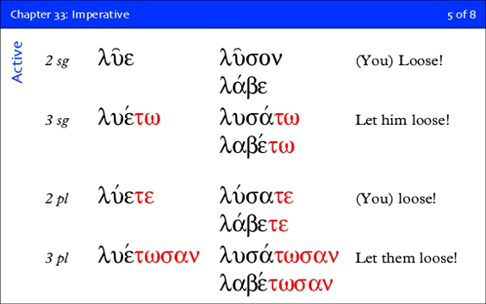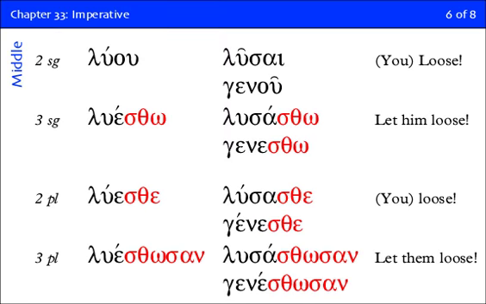It's only the second person singular that's an issue. When you get into the middles, same thing. Present middle is lu'u, lu'esto, lu'este, lu'estosin. If it's a first aorist, it's lusai. What does that look like? Looks like an infinitive, doesn't it?